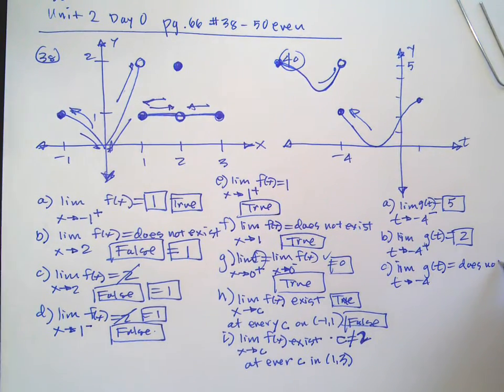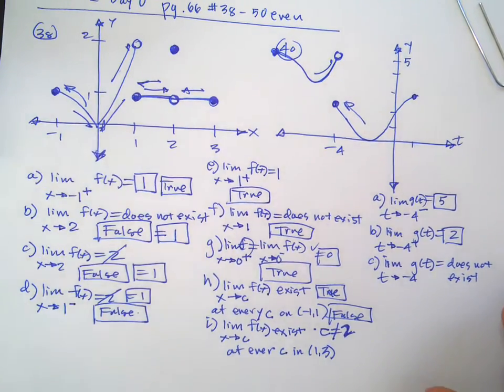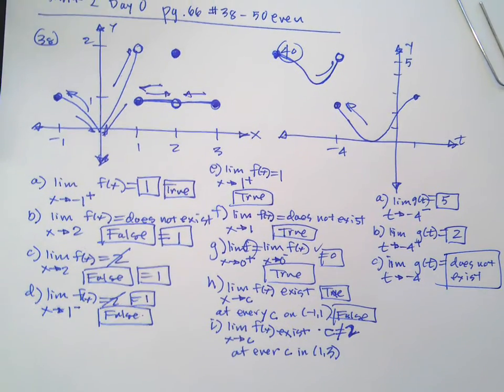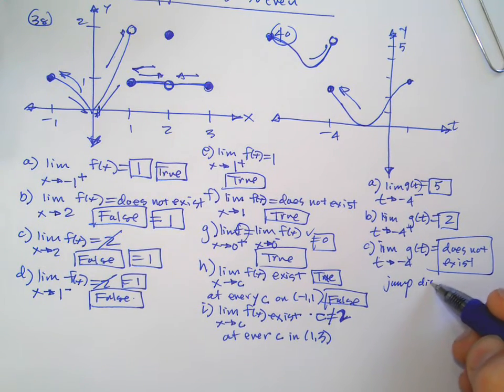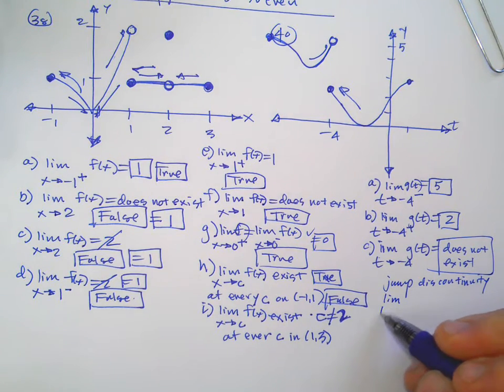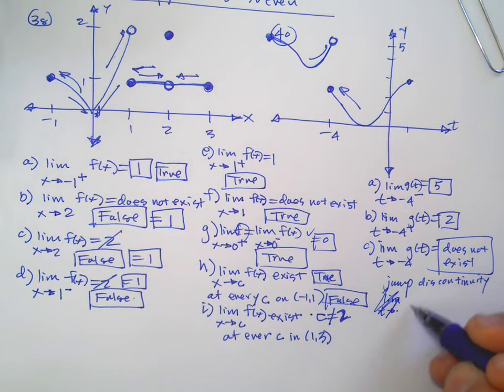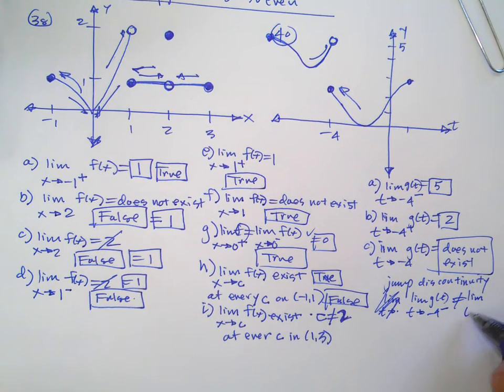No limit does not exist, because the two sides don't agree, right? The reason it doesn't exist is that there is a jump discontinuity. You could even be more specific and say the limit as t approaches -4 superscript negative of g of t doesn't equal the limit as t approaches -4 superscript positive of g of t, because 5 doesn't equal 2.